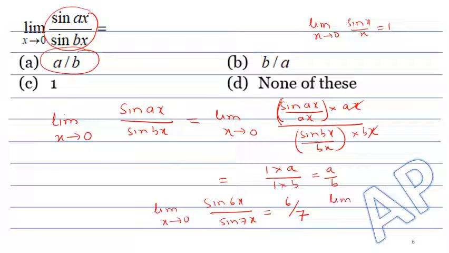So the shortcut formula is limit as x approaches 0 of sin mx by sin nx is m by n. So option A is the correct choice in this problem. Let us remember this as a shortcut trick for solving such type of questions.